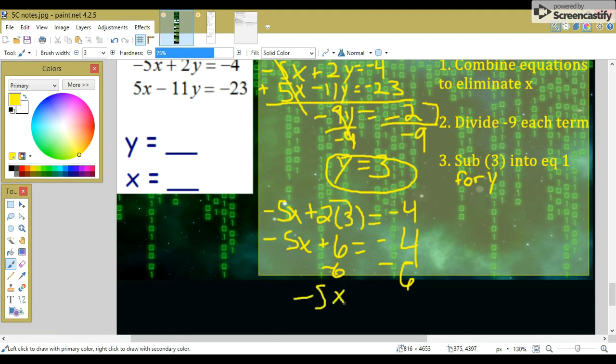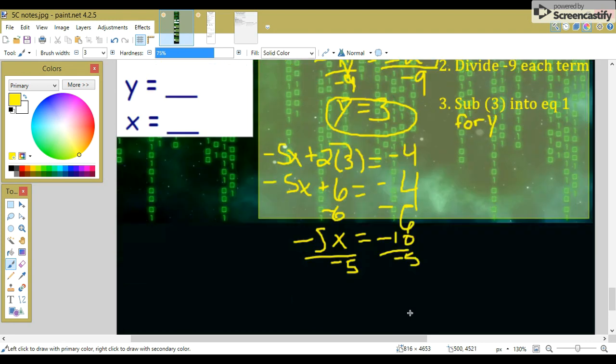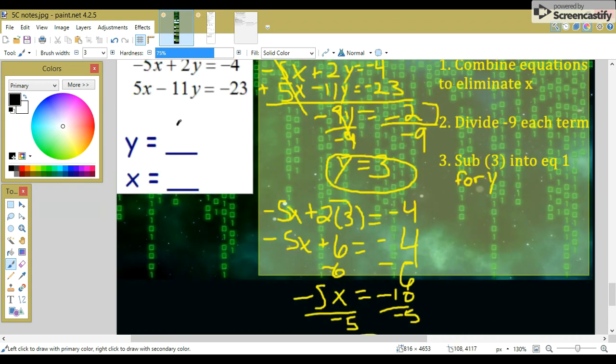Negative 5x equals negative 10. Divide each term by negative 5. X equals 2. So our solutions are y equals 3 and x equals 2.